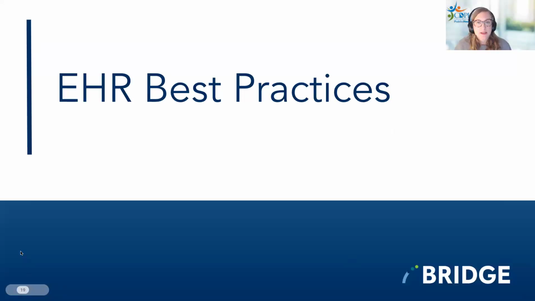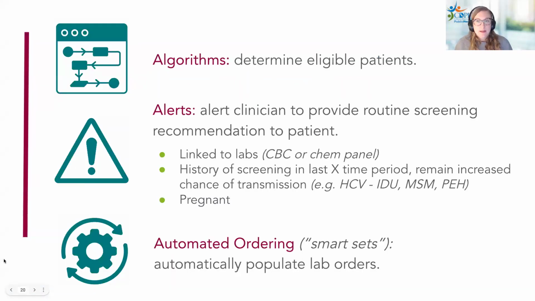Great, and now talking a little bit about electronic health record best practices to support your screening programs. Next slide, please. So algorithms can be programmed into your EHR, which will help determine eligible patients within the system. Alerts can help alert a clinician to provide a routine screening recommendation to a patient.